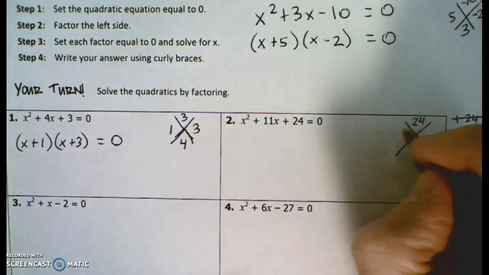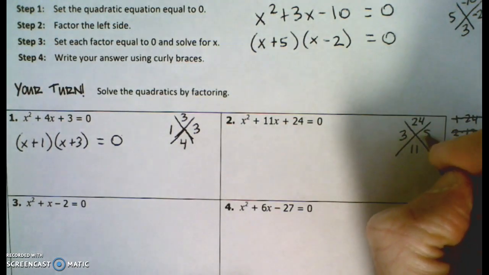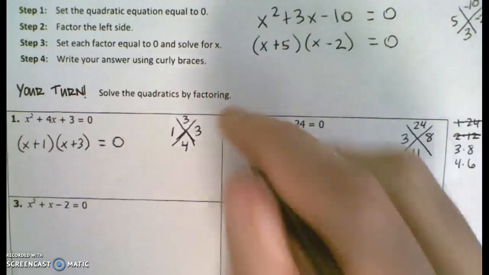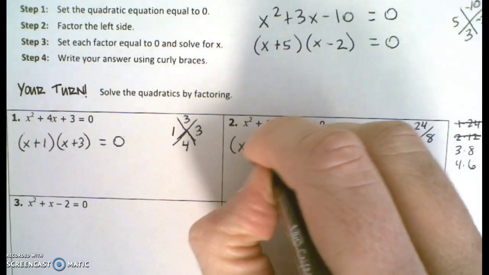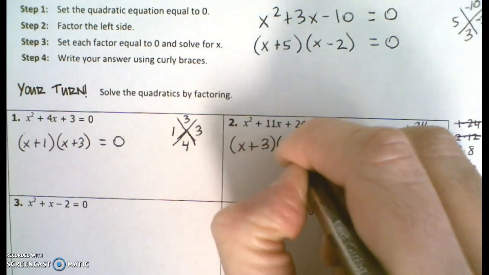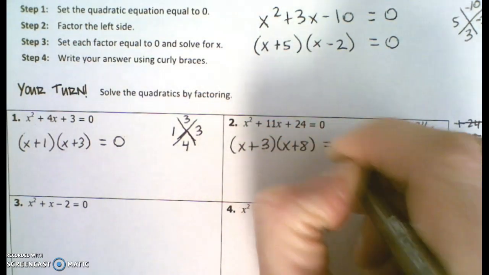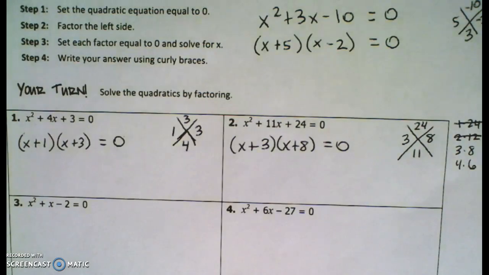So I think it's going to be 3 and 8, because 3 and 8 gives me 11. So my factors, if I rewrite this, are going to be x plus 3 and x plus 8. Some of you might be wondering, can I write it as x plus 8 and x plus 3? You could, because remember, with multiplication it doesn't matter the order you multiply, you'll still get the same answer.